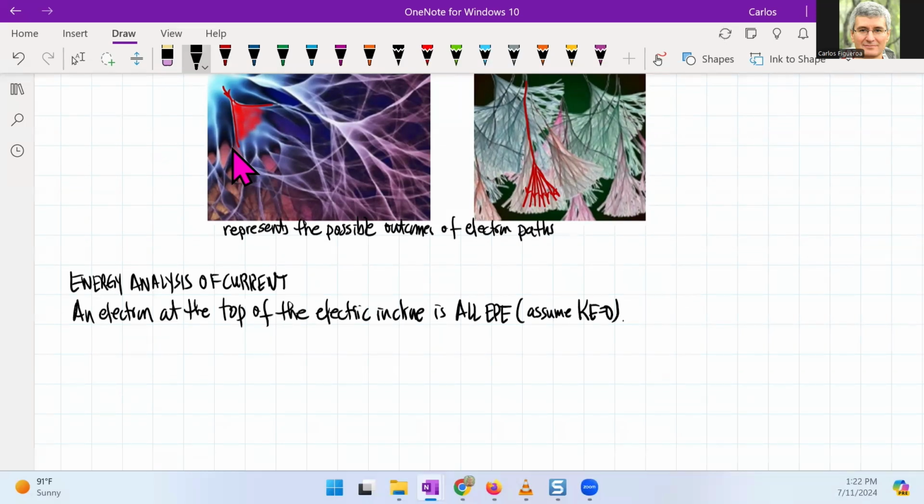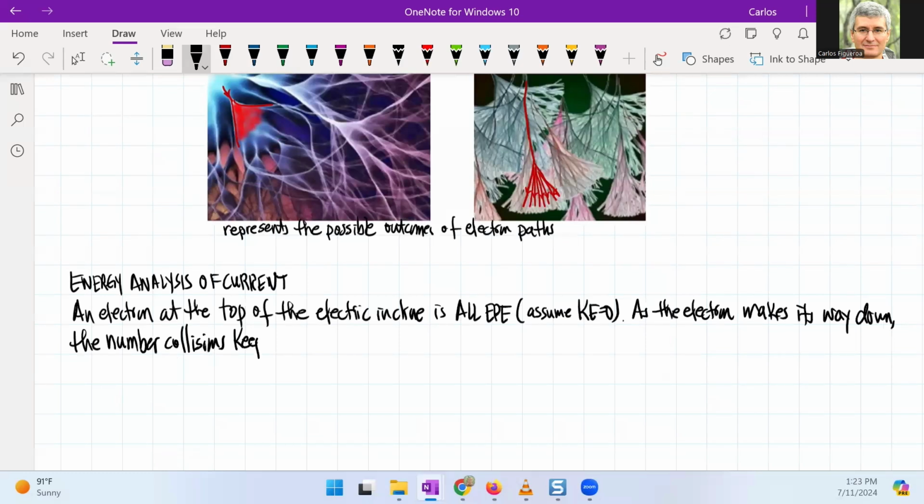So as the electron makes its way down, the numerous collisions keep the speed, and earlier I called it a drift speed.